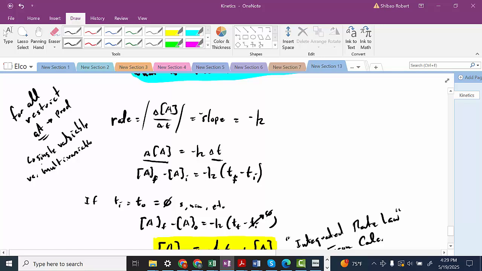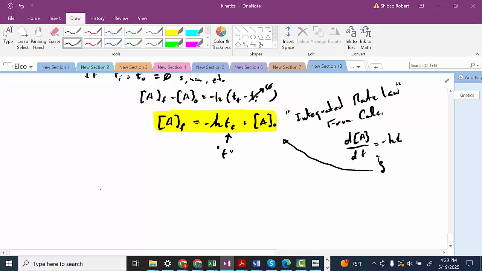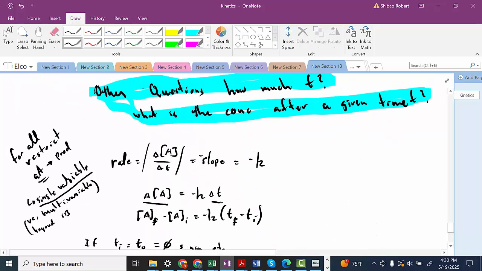So we're going to focus on single variable only. Multivariable is beyond 1B. And so the first thing is we're going to restrict the type of reaction. So the next example, the first example, is going to be zero order.